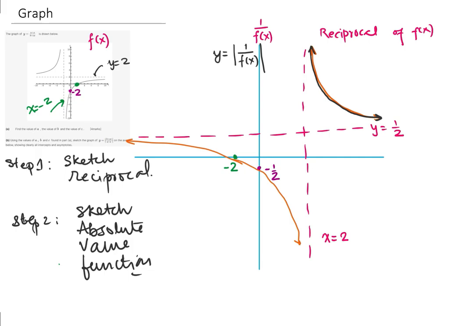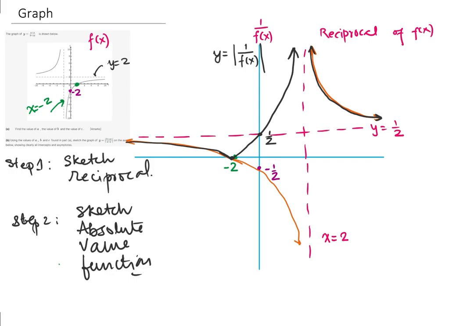However, this value of minus half will change to plus half, right? This will change to plus half. It will flip. 2 will remain at 2, and so we have a graph which is going to go like this. You see that? And we are going to retain this part as such.